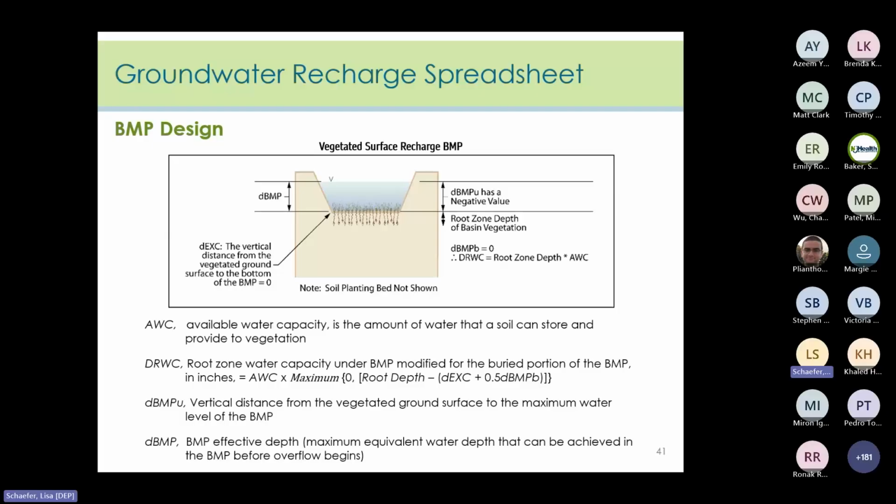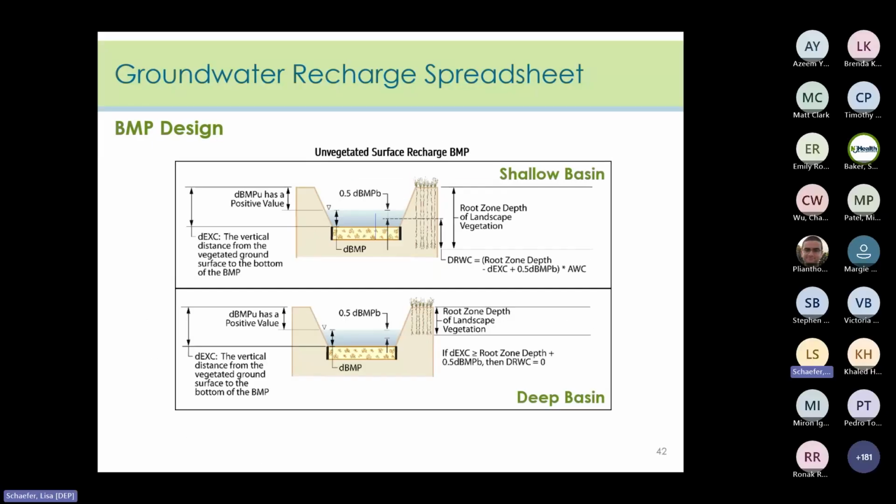We put all the other things on the slide because we want you to use this as a reference. These figures show another scenario where the bottom of the BMP is not vegetated, such as an infiltration basin or a sand filter. The top one is for shallow configurations, and the lower is for a deep basin configuration. In this scenario, the vegetated ground level is the ground level surrounding the BMP.